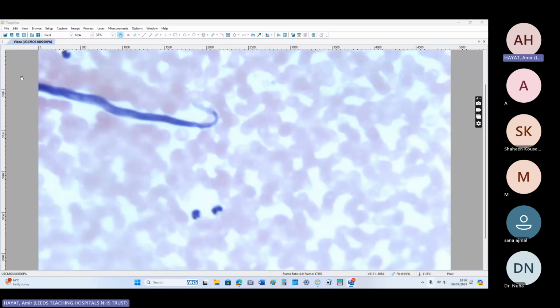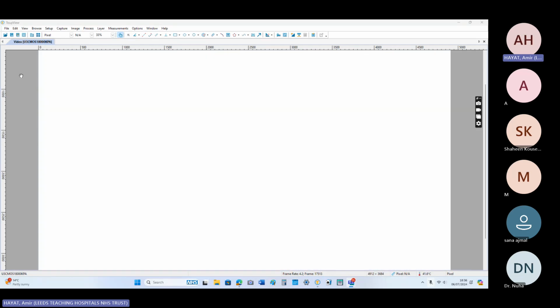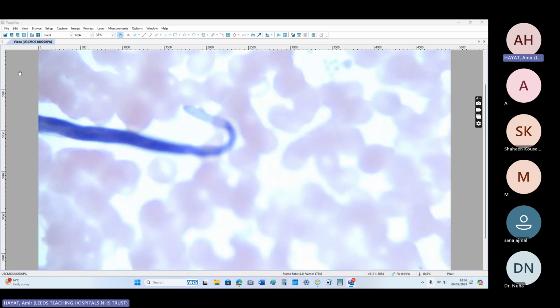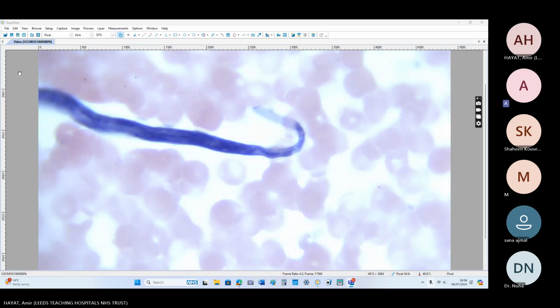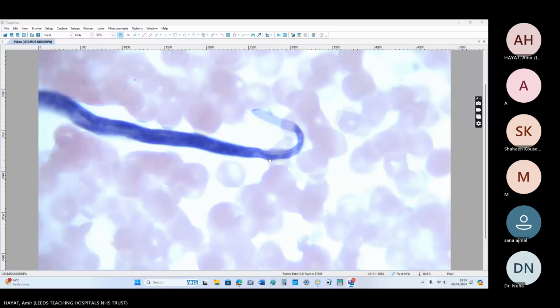And then for this end, if you can tell them whether this is Loa loa or Brugia malayi or Bancrofti, then you will get full marks, 9 out of 10. This is a sheath area. The tail ends here, and all these nuclei are extending to the tail end.